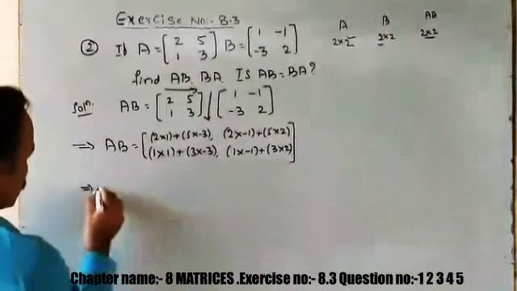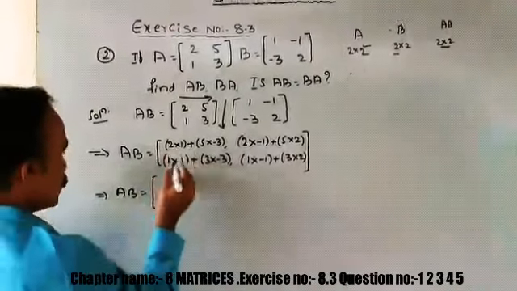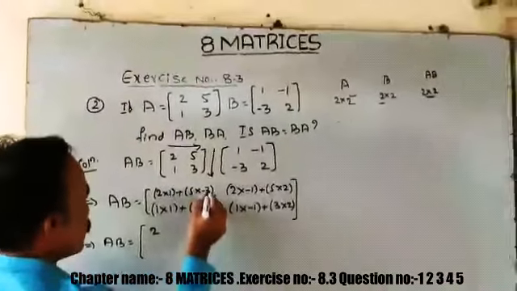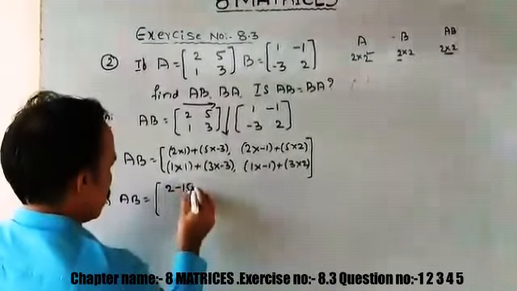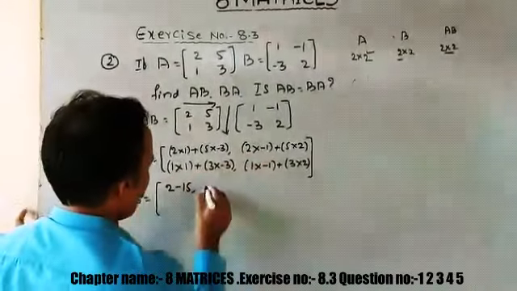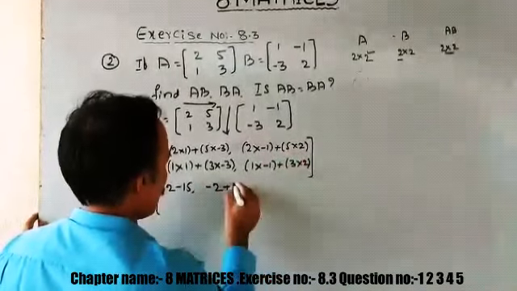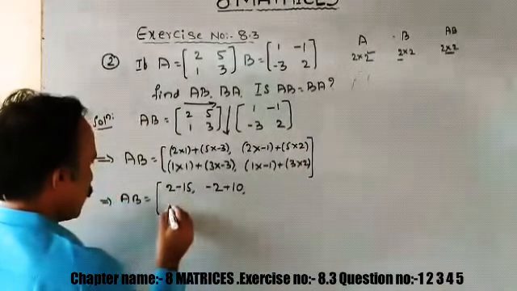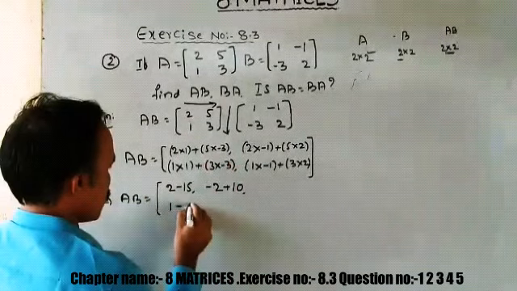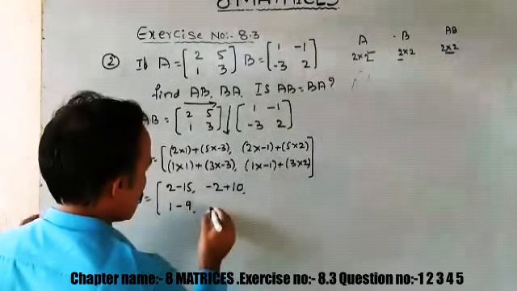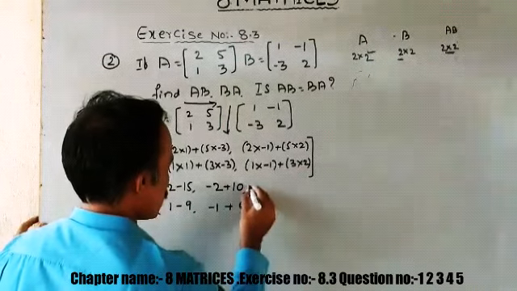So AB is equal to 2 into 1, 2, 5 into minus 3, minus 15, plus of minus 15, that is minus 13. 2 into minus 1, minus 2, plus 2 into 5, 10. 1 into 1, 1, 3 into minus 3, minus 9, plus of minus 9, that is minus 8. 1 into minus 1, minus 1, plus 3 into 2, 6.